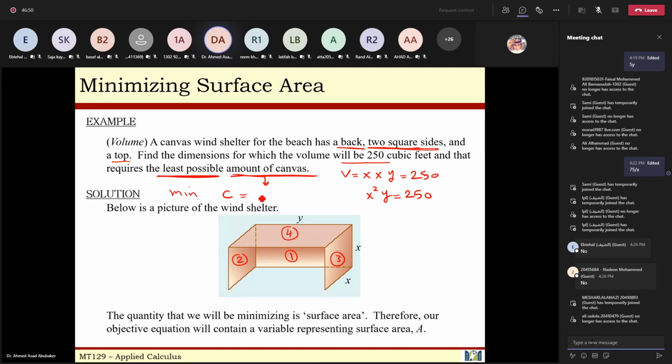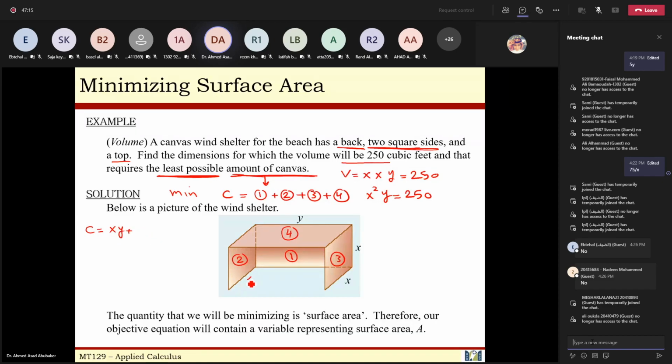The amount of canvas, the C, equals the amount of fabric used for this tent. I have 1, which is the back, 2 square sides which are 2 plus 3, and the surface area of the top. So we have 4 surface areas. So the C equals what? Number 1 is x multiply y.